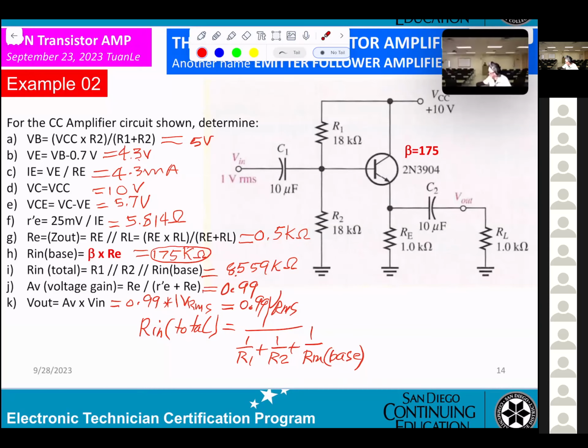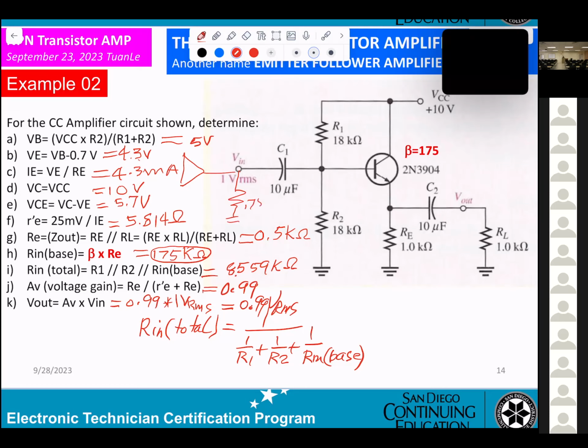Now I'm telling you. If you get another amplifier connected into this amplifier, okay? So this amplifier has a very big resistance, 175 kilo ohm.